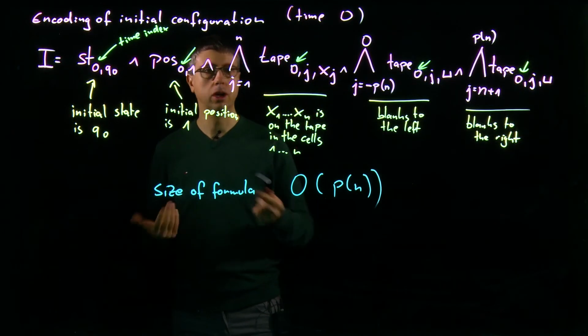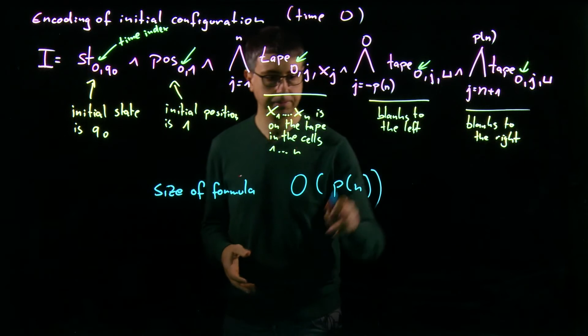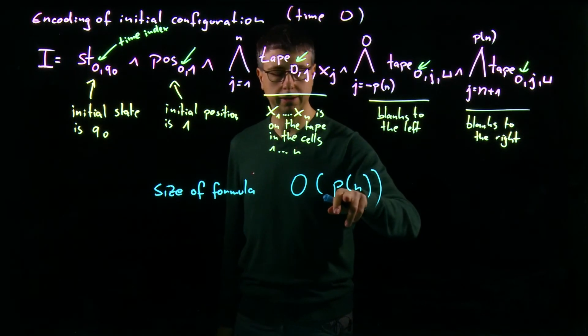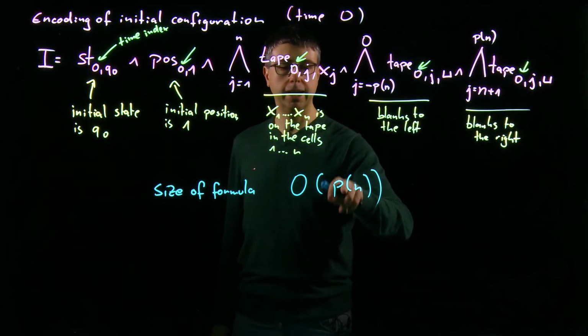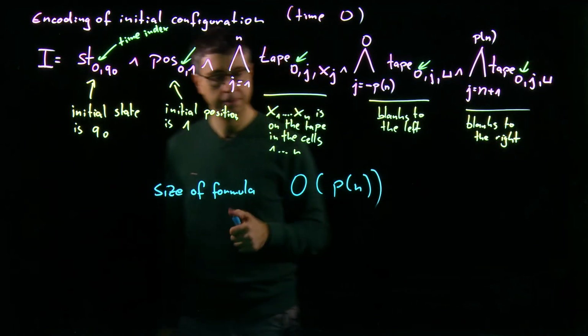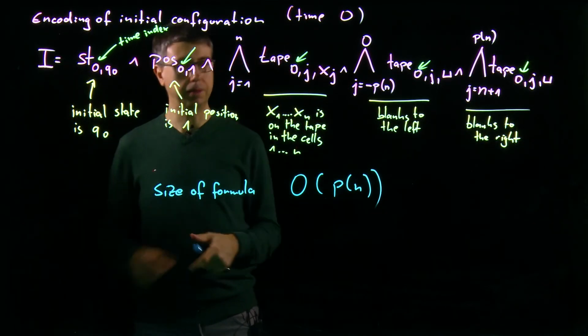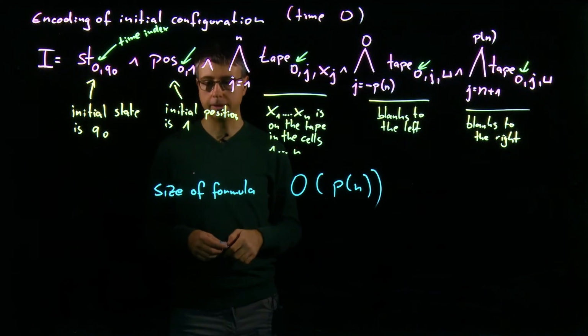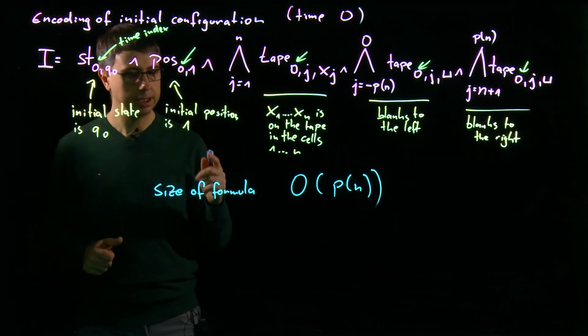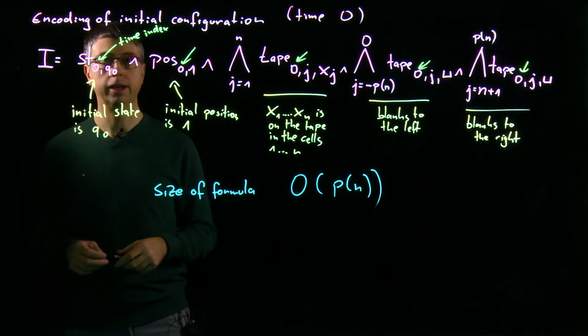The number of steps is given by P of n, which is the time complexity of this Turing machine. So this was the formula for the initial configuration.